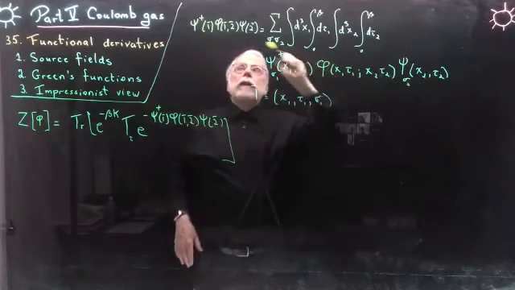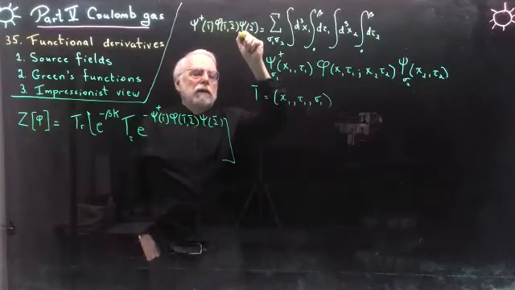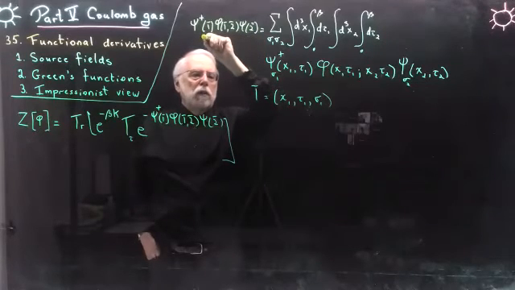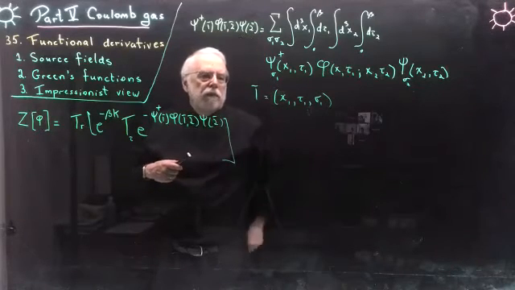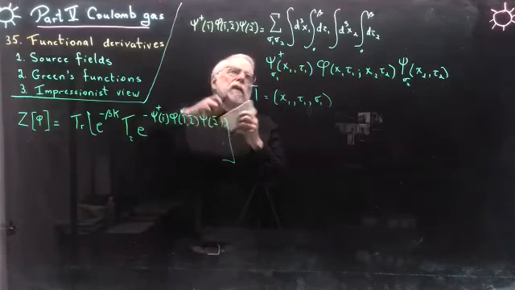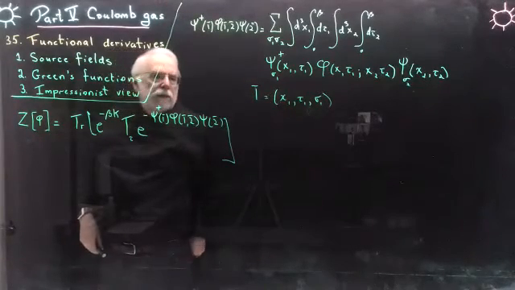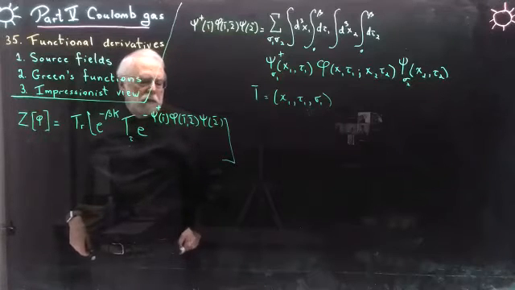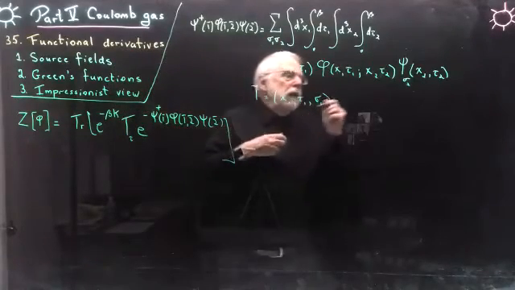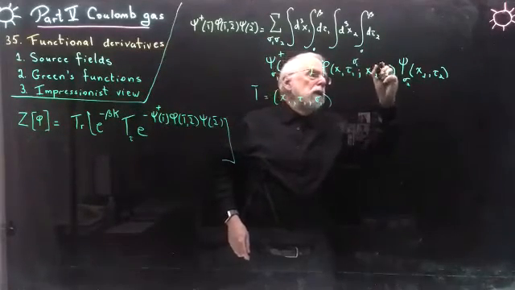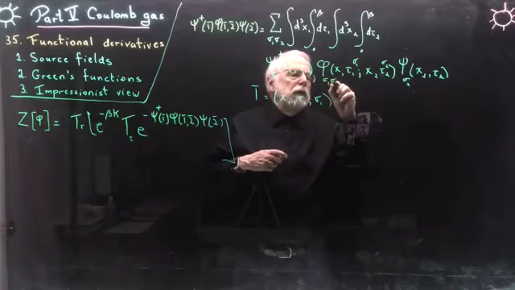You can think of this as matrix multiplication, right? A vector, matrix, vector. This is like a row vector, matrix, column vector. So it's useful to think of it this way. Quick question: does the source field have a spin dependence or no? Yes, yes. The source field, I forgot the spin dependence. Sigma 1, sigma 2. Thank you. Or usually we put it here, sigma 1, sigma 2.